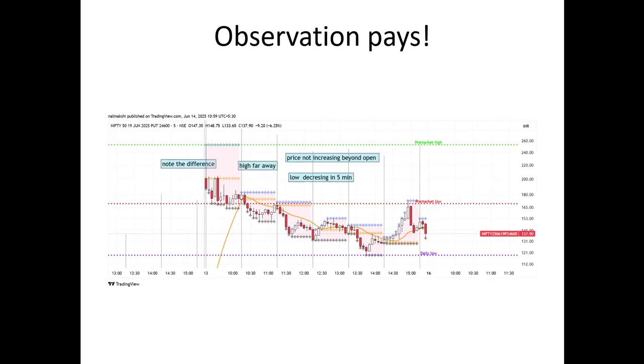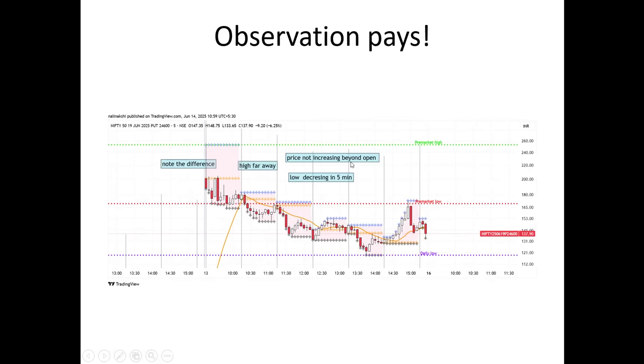You can see clearly the open was plotted, and after 1, 2, 3, 4, 5 candles, the low has been plotted at the bottom. Here, high is not plotted at the bottom, high is at the top. Note the difference. High is far away.